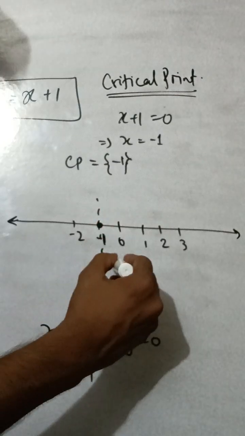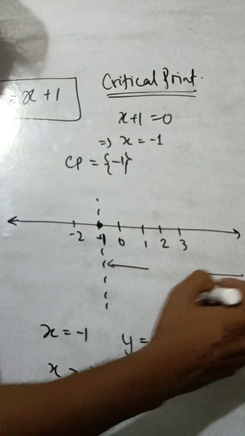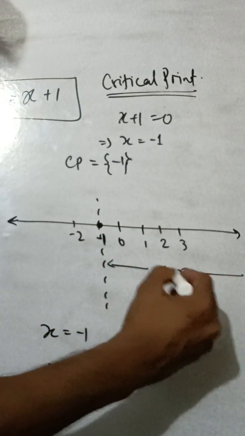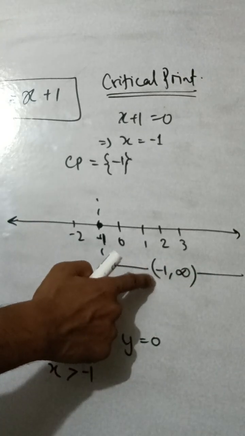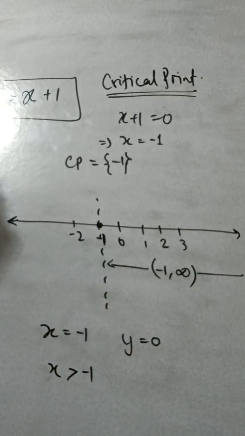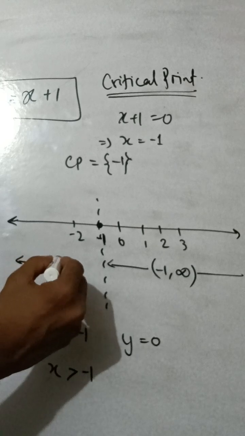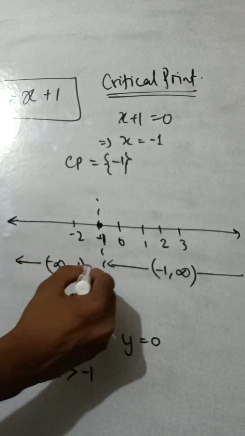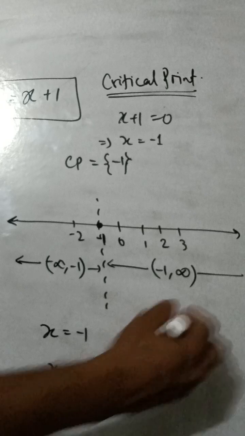One of the regions is minus 1 to infinity, and we are not including minus 1. Another region is minus infinity to minus 1. So these are the two regions.